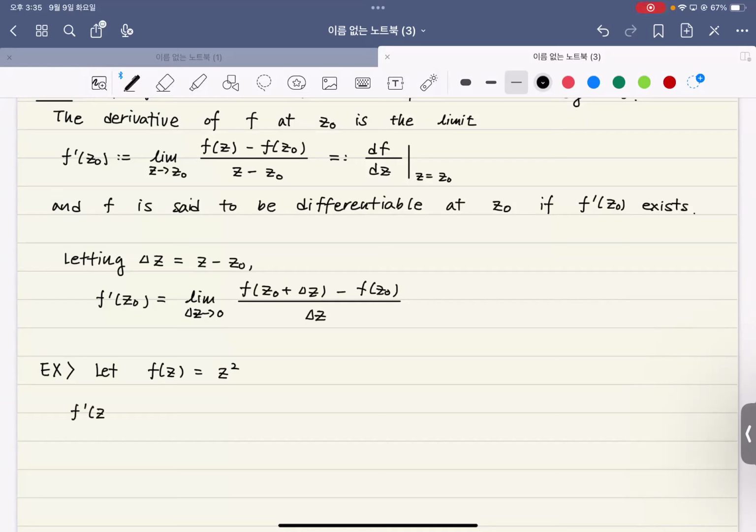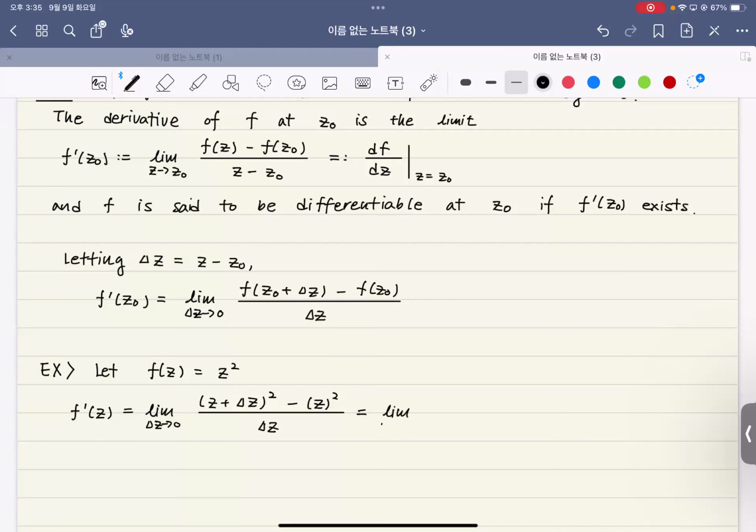F prime of z is the limit as delta of z is tending to 0 of z plus delta of z squared minus z squared, and everything over delta of z.